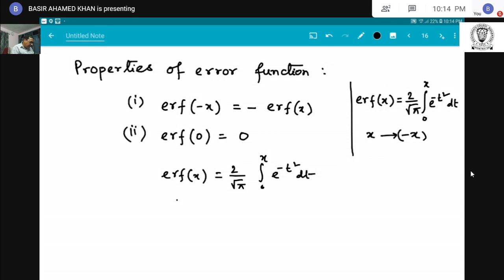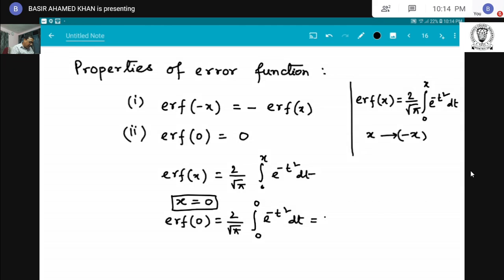Here if we put x equal to 0, then error function of 0 equals 2 by root pi times the integral from 0 to 0 of e to the power minus t square dt, which will give you the 0 value. This is the second relation.